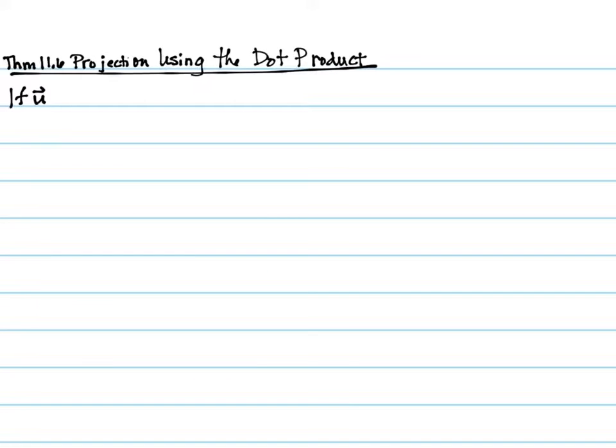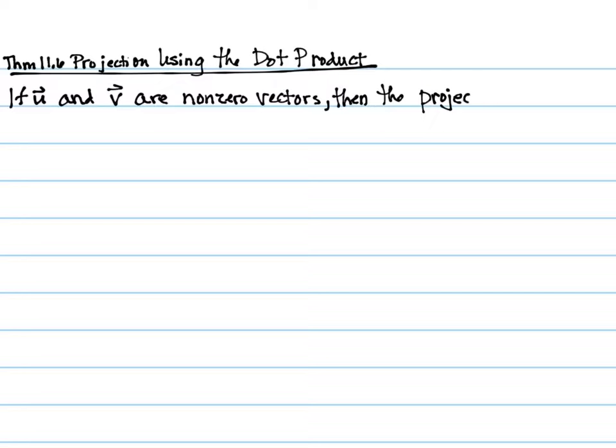Okay, so if U and V are non-zero vectors, then the projection of U onto V is, okay, so the notation, I keep going to spell my projection wrong.